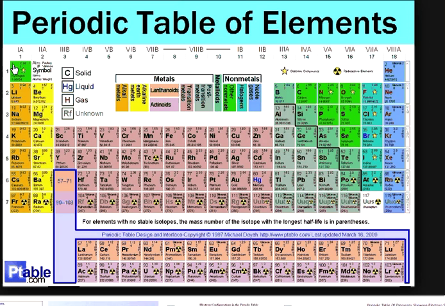So this number here, that atomic number, like the 1, or the 32 here, or the 6 here, is the atomic number. And what the atomic number tells you is how many protons are within the nucleus of one atom of that element. Now, what's nice about this particular table is that it has the letters here.